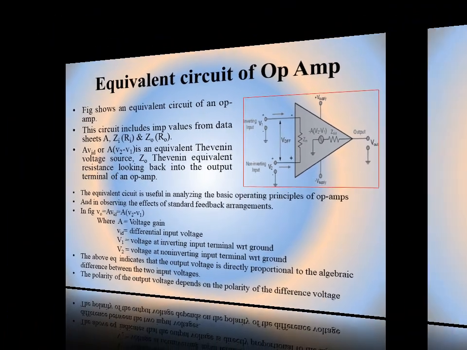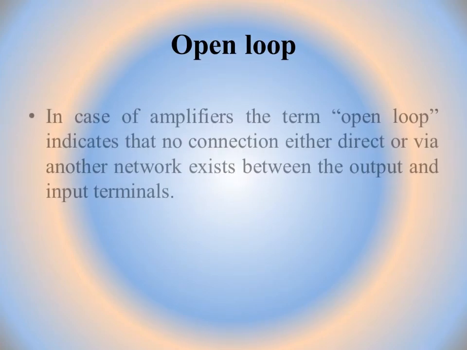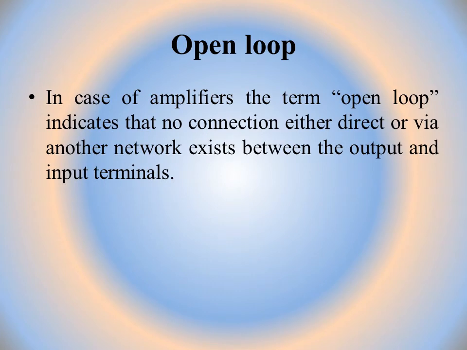Now we'll start with the working of an op-amp as used in useful applications. First of all, we'll discuss what is meant by open loop. In case of amplifiers, the term open loop indicates that no connection, either direct or via another network, exists between output and input terminal.